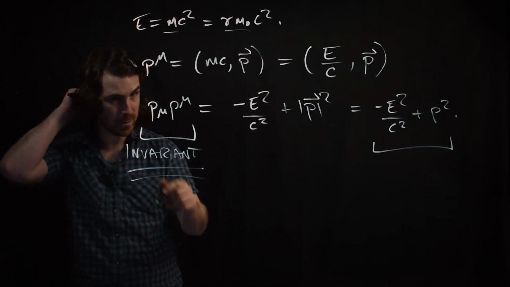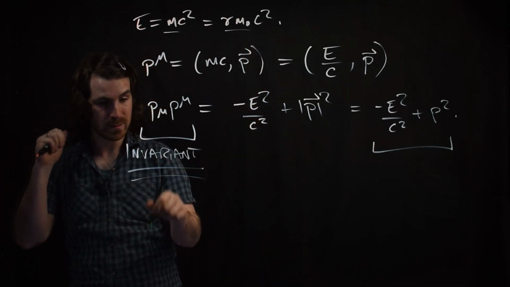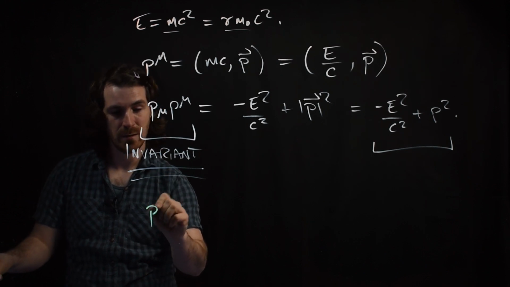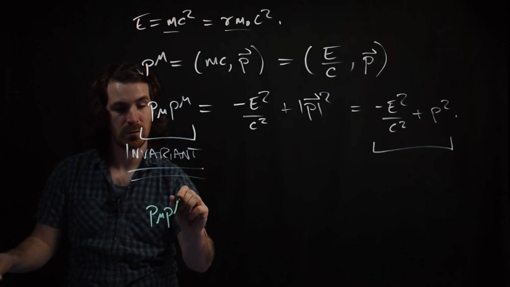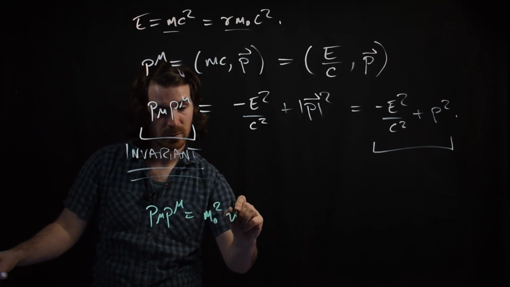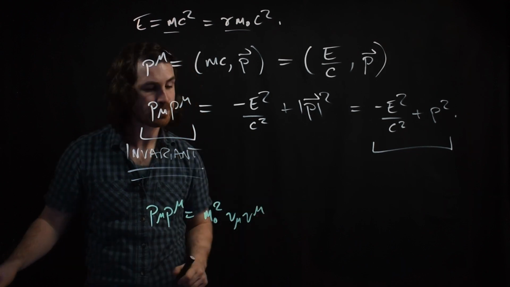Okay, but we can think about P mu as m0 times the four-velocity v mu. So the left-hand side, the inner product of P mu with itself, becomes m0 squared times the inner product of v mu with itself.